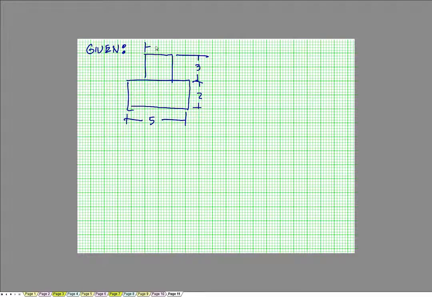And this is 3 inches wide. Sitting on the ground? Sure. Doesn't really matter, but sure. You could have it floating in space. What we want to do is find the moment of inertia at the centroid. So it doesn't matter if it's sitting on the ground.